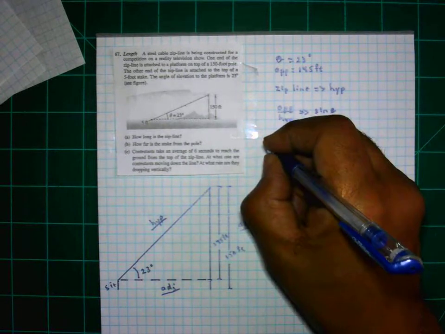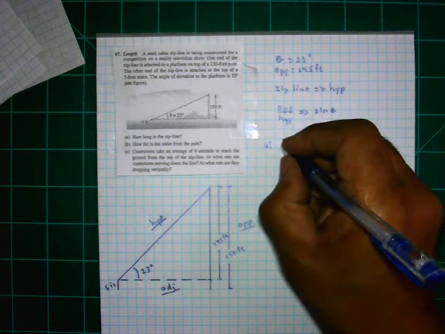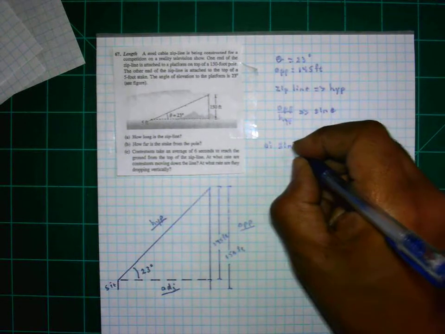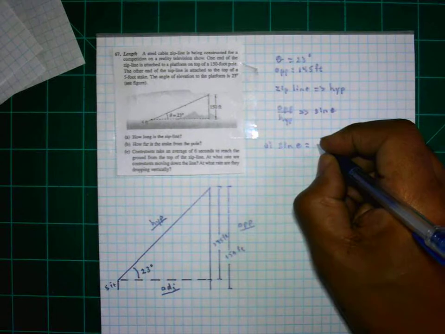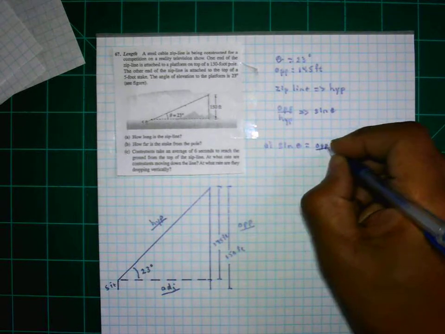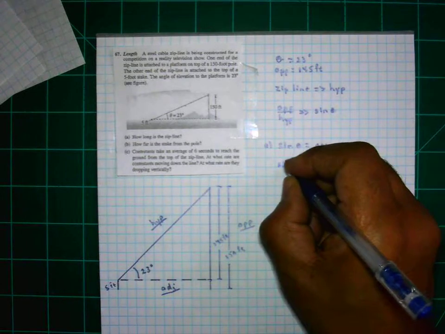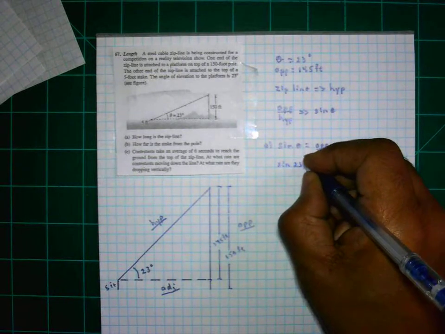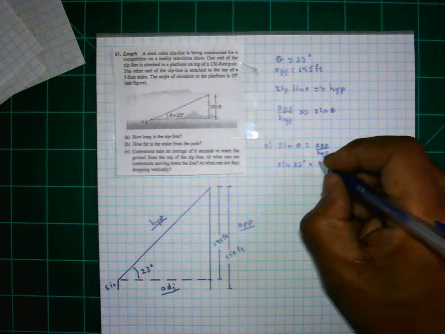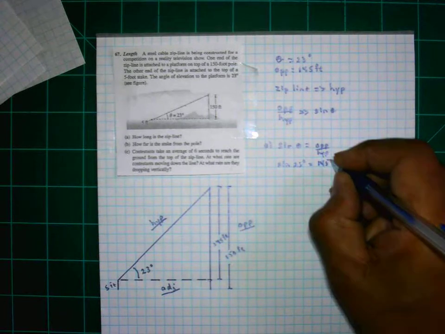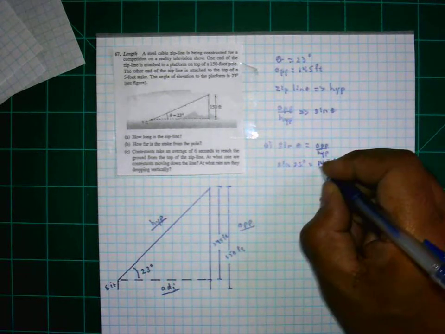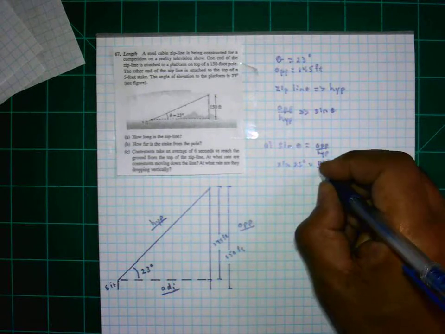So let's solve part A. The sine of theta equals the opposite divided by the hypotenuse. So the sine of 23 degrees is equal to the opposite side, 145 feet, divided by the hypotenuse.